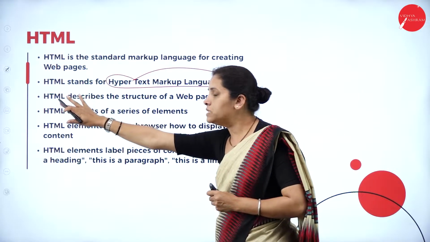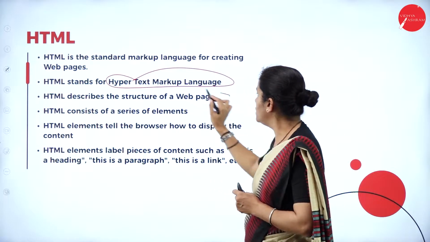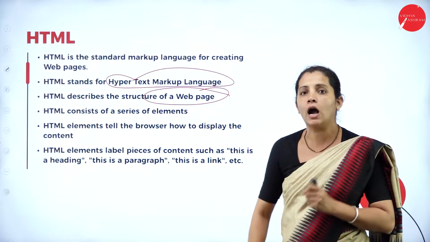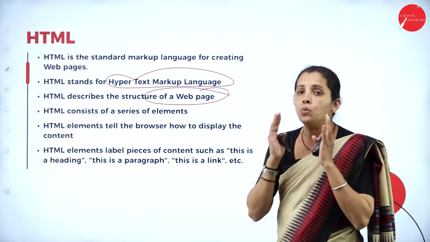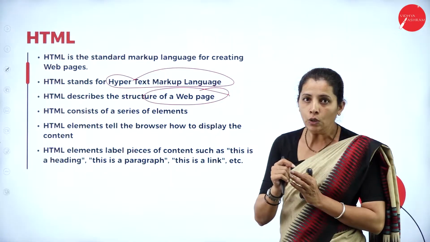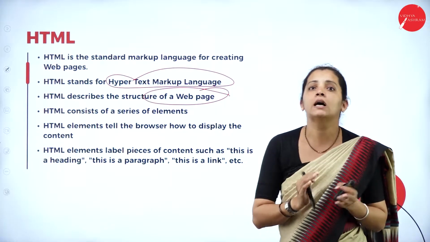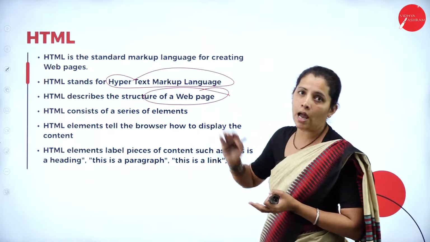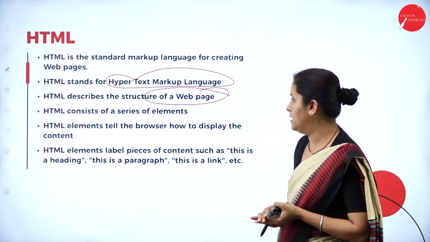So, by using HTML, I can describe the structure of the web page. In the sense, how the content is going to look, what things you want to include, how you are going to display the content, all those things we are going to describe by using HTML.